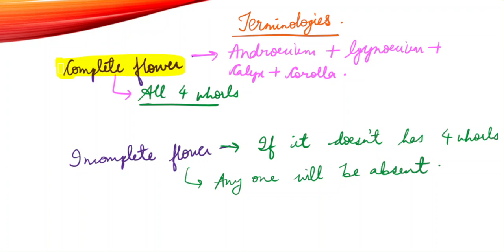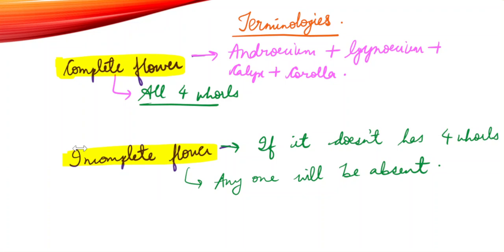But suppose the flower is not having all the four whorls, suppose one is missing, then we say it as incomplete flower. Suppose androecium is absent, or suppose gynoecium is absent, any one is absent, then we say it as incomplete flower.